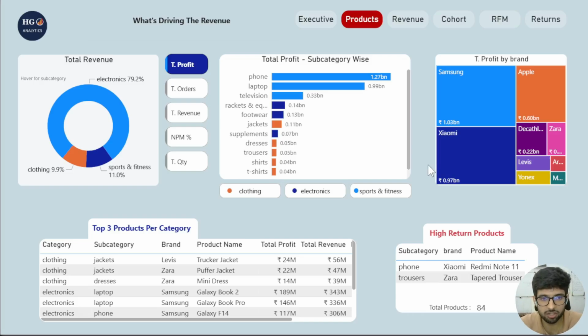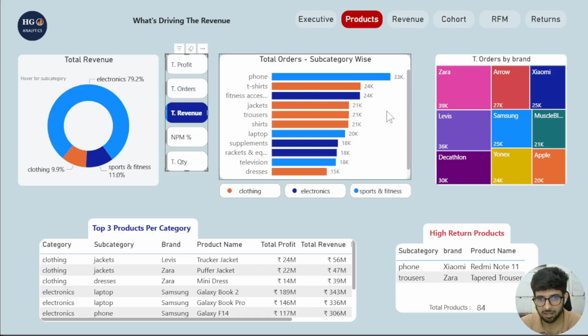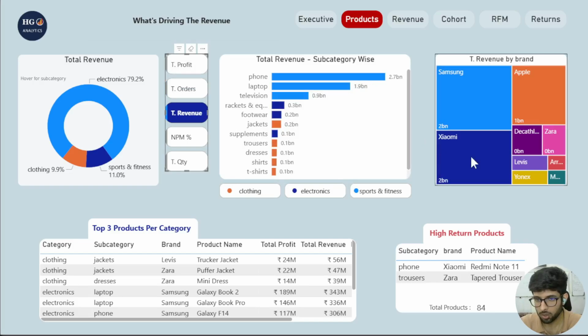But the real feature of this tab is these five parameter options. Here you can see for the orders, phones has the most orders, t-shirts has the most orders, fitness accessories, and you can see by brand which brand has the highest order. So apparently Zara has the most orders, but Zara has very low revenue.